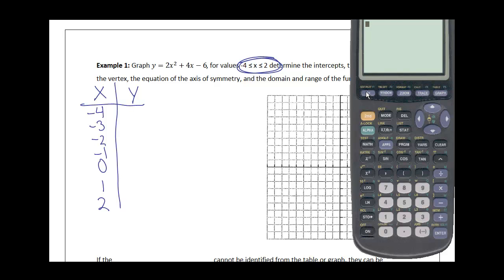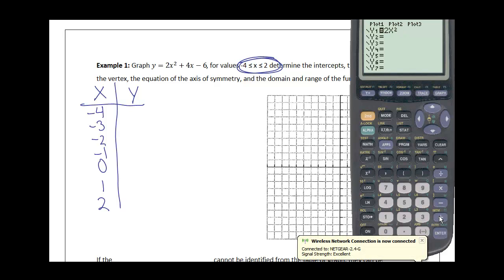If we go up to the y equals here, we can enter our function here, and we have 2x squared plus 4x minus 6 as our function. Now if we hit second function table over here, it gives us a table of values.